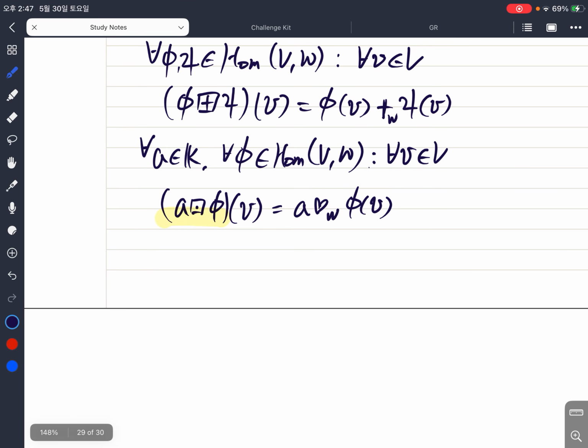So we have two different notions you need to check. Compare with linear.